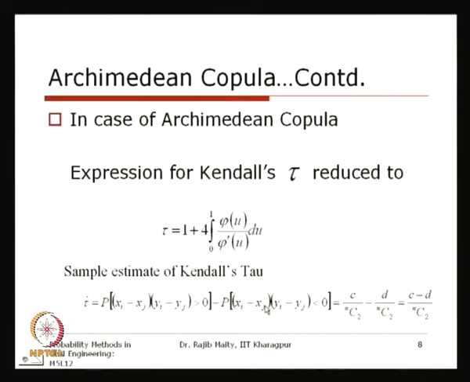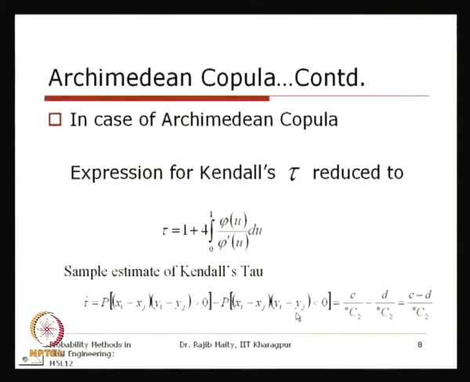The first probability that we are talking about is the concordant pair. So, (xi, yi) and (xj, yj) are two pairs of the sample, and if this relationship holds good, that it is greater than 0, then we say that it is a concordant pair, or if this relationship holds good, then we say this is a discordant pair.